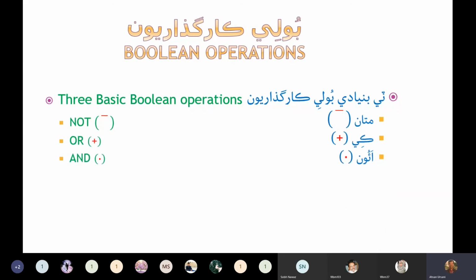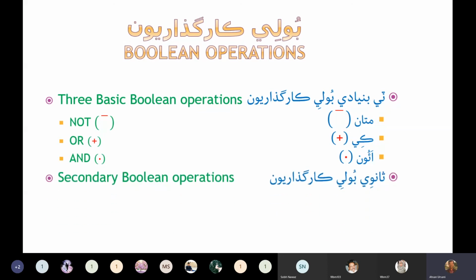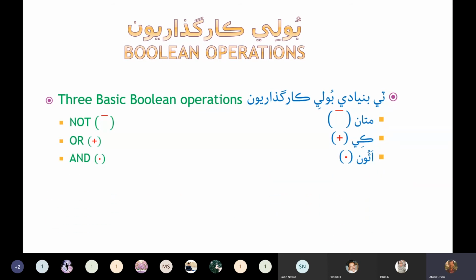The fundamental logic operations are NOT, OR, and AND. What is the basic difference between NOT and OR? One is unary and the other is binary. NOT is unary, and OR is binary.